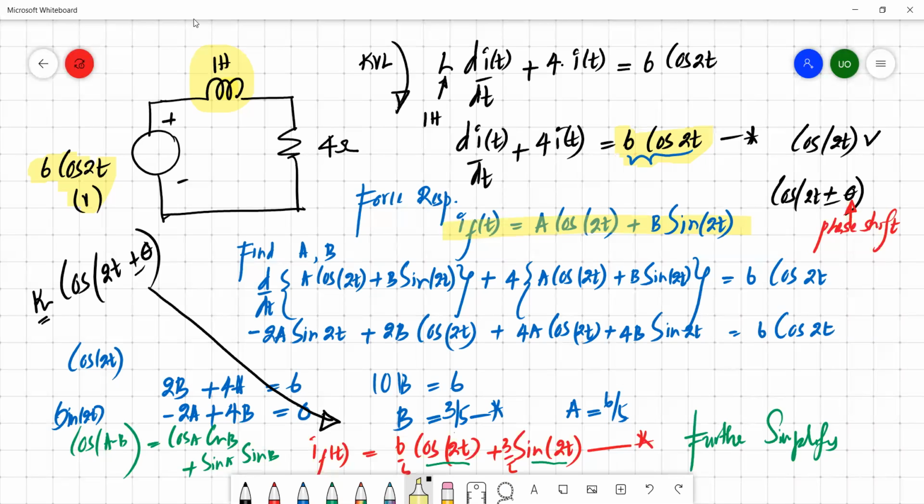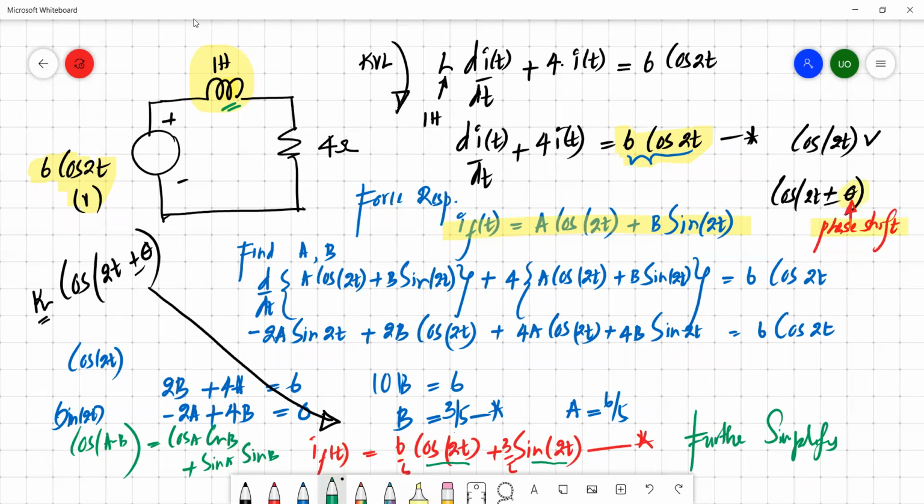So you will end up with an additional phase shift in the response. This additional phase shift depends on this one. Then you can come to a conclusion about your force response.